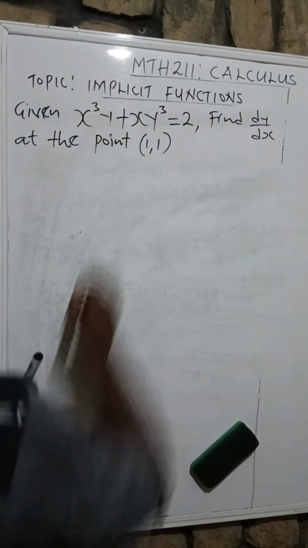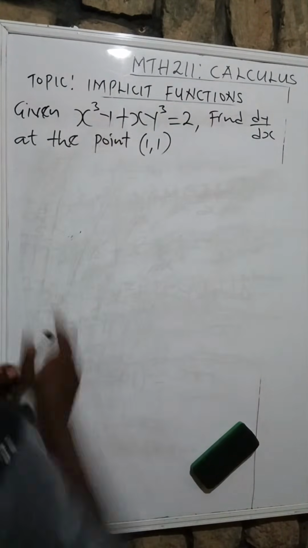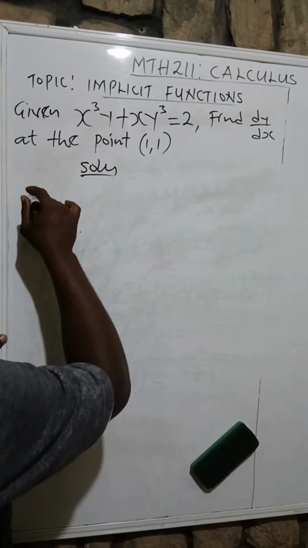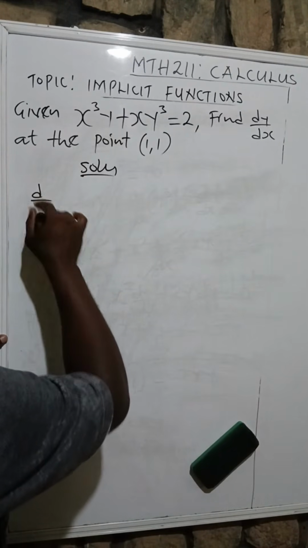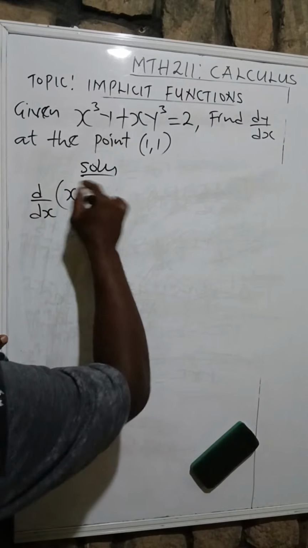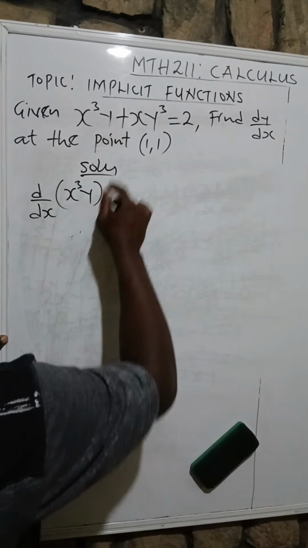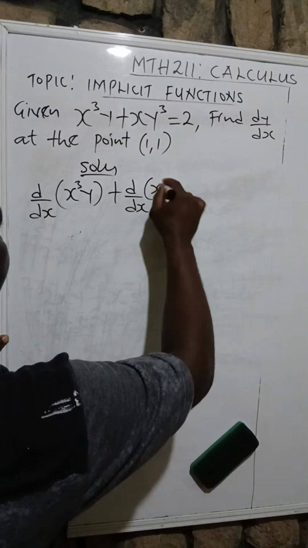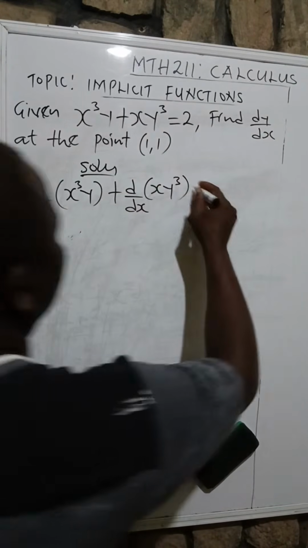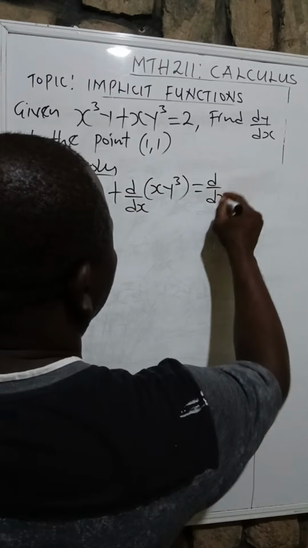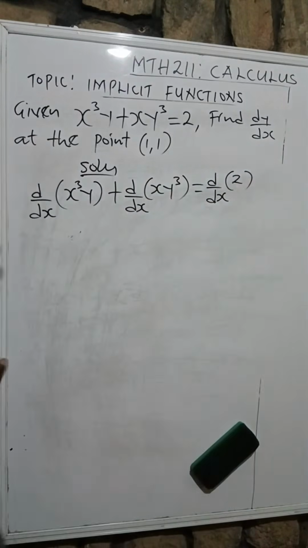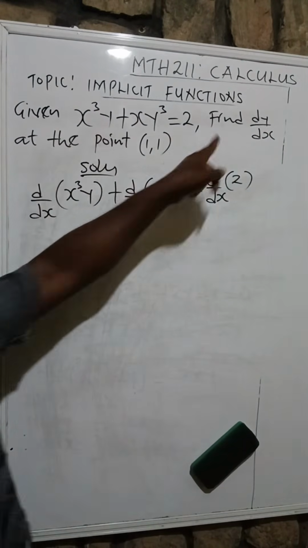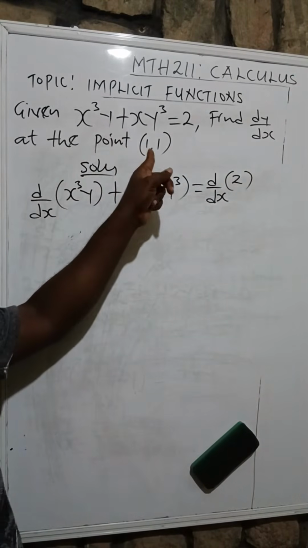So look at it. I want to consider this problem. We write the solution: d over dx of (x cubed y) plus d over dx of (x y cubed) equals d over dx of 2. We are to find dy over dx at the point (x, y).